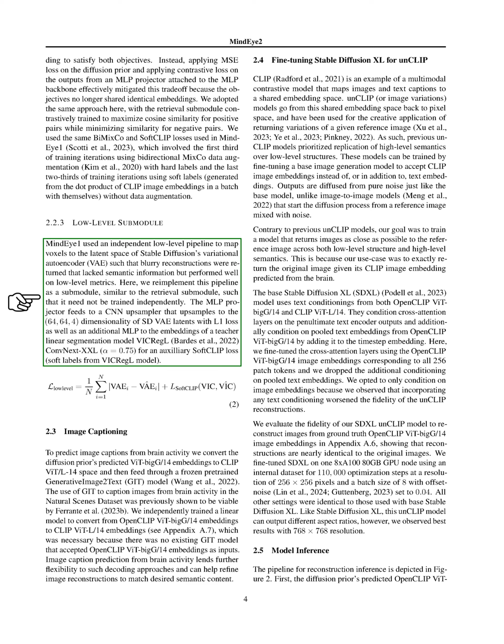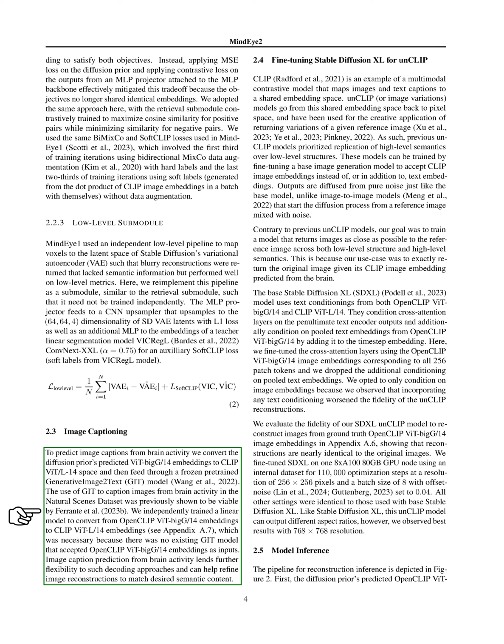Section: Image Captioning. In this section, we predict image captions from brain activity by converting the predicted embeddings from the diffusion prior's ViT-bigG-14 to CLIP ViT-L/14 space. We then pass these embeddings through a pre-trained generative image to text (GIT) model. Previously, it was shown that using GIT to caption images from brain activity in the natural scenes dataset is effective.